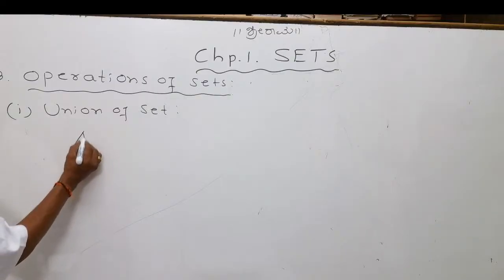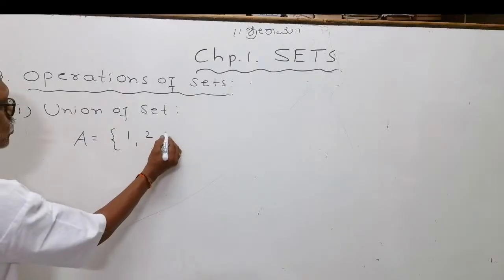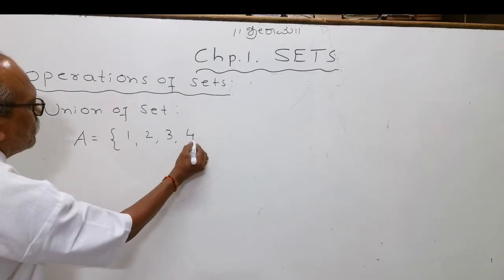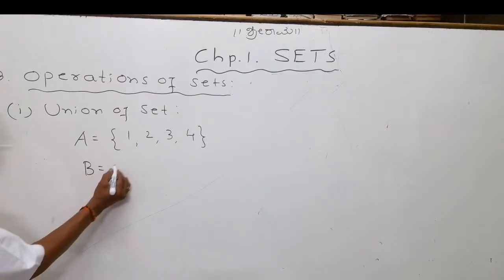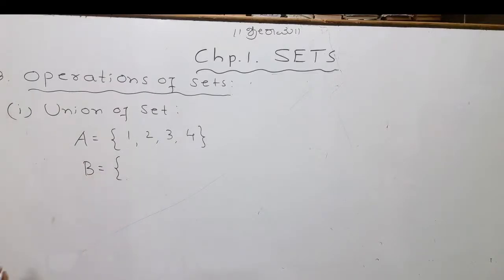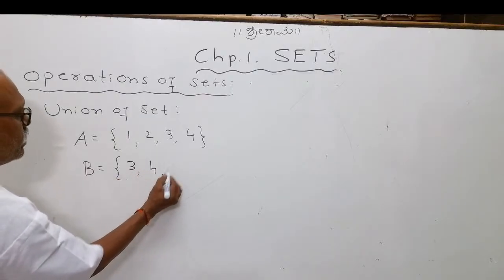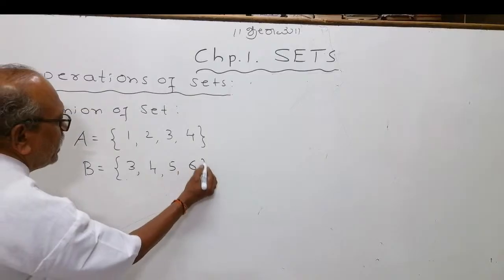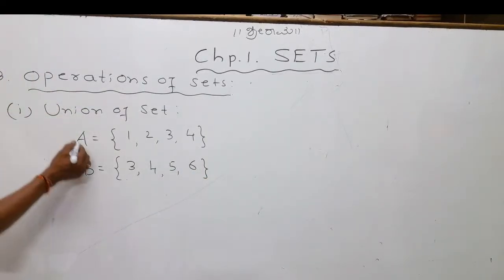If I take A as a set containing elements 1, 2, 3, 4, and B as another set containing elements 3, 4, 5, 6. I will take this example.